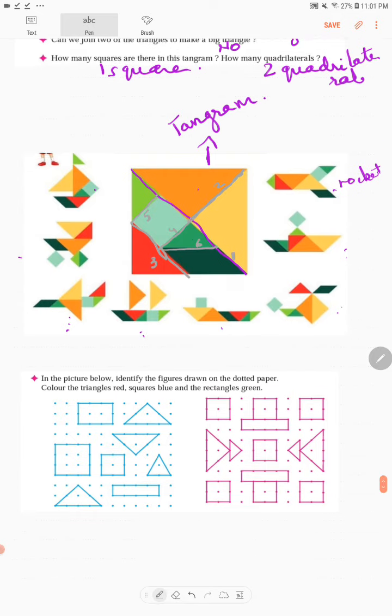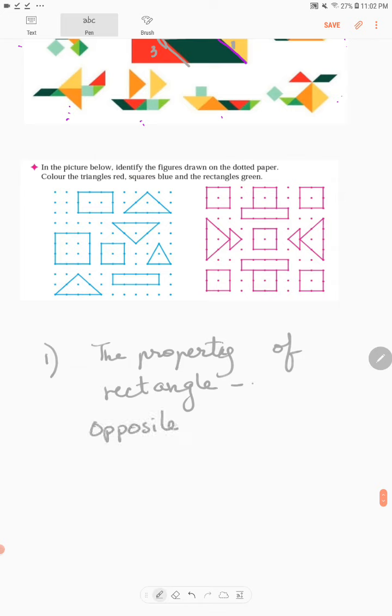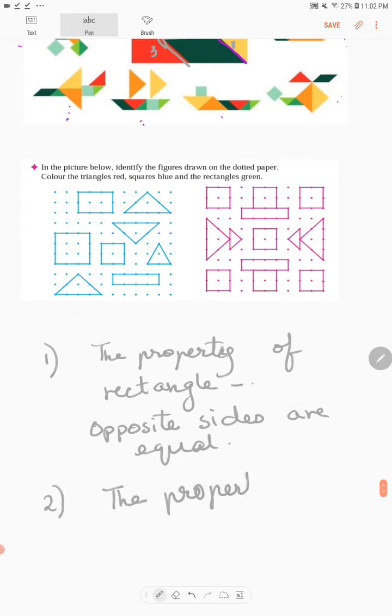So what did we learn in this lesson? First we learned the property of rectangle. What is the property of a rectangle? Opposite sides are equal. Then we learned the property of a square.